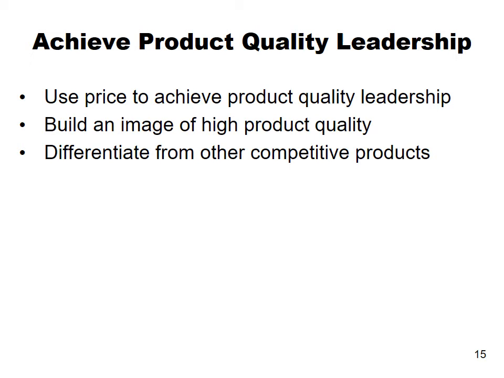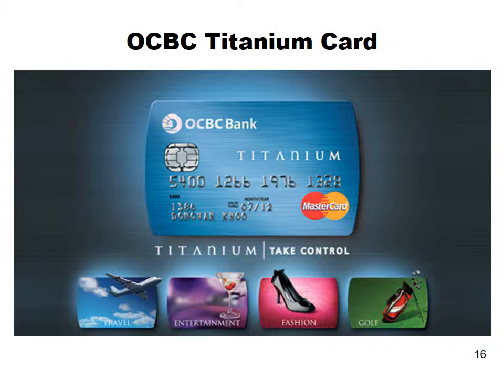And you differentiate from other competitive products. One example is the OCBC Titanium card. These are the areas of benefits they focus on: travel, entertainment, fashion, and golf.